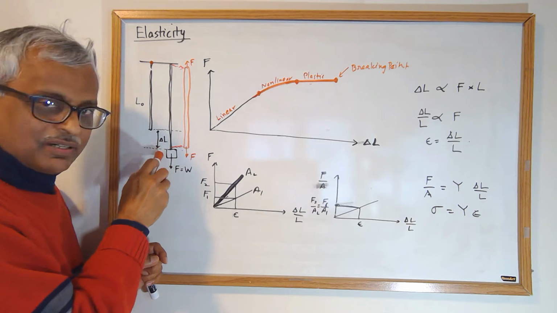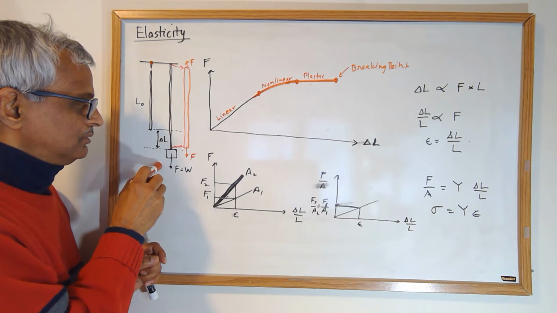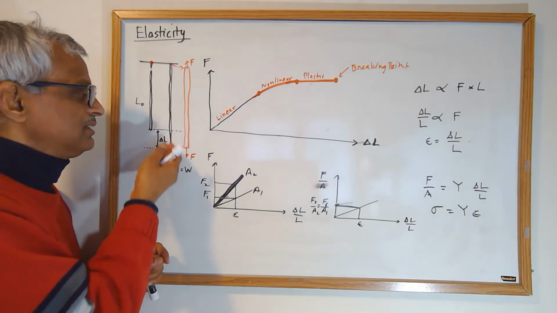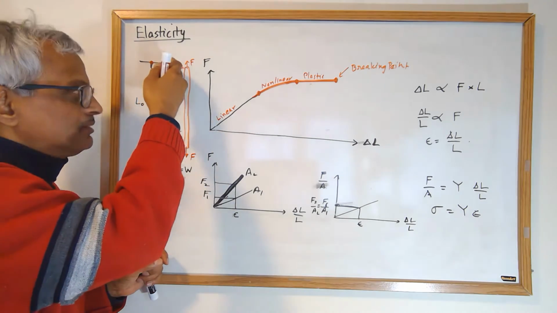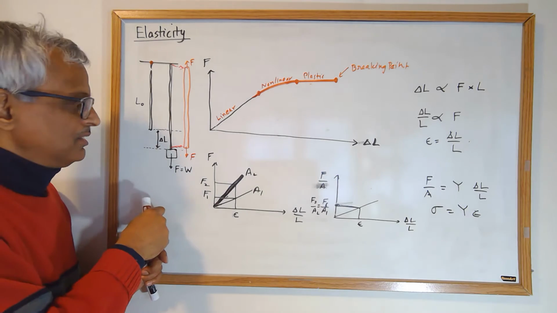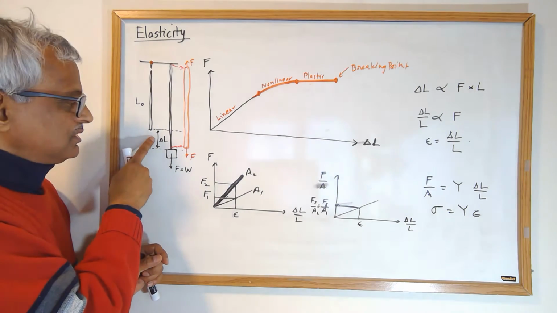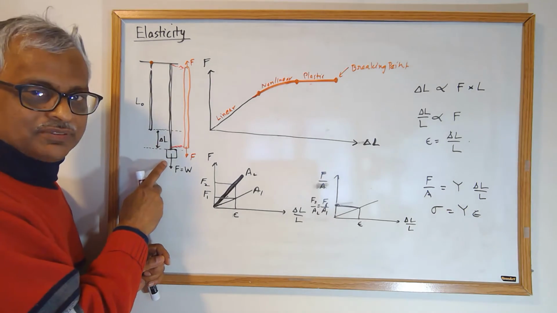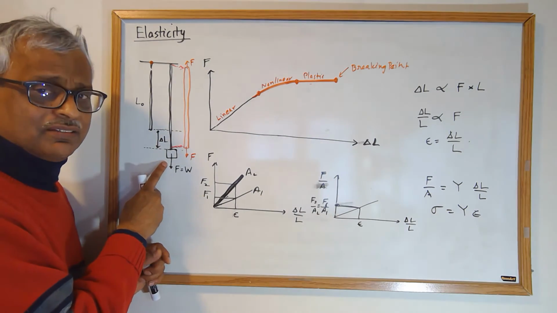When I hang some block, its weight will pull on it, and you will see that the length becomes bigger. The amount by which it gets bigger is proportional to how much weight you put in. Kind of makes sense, right?